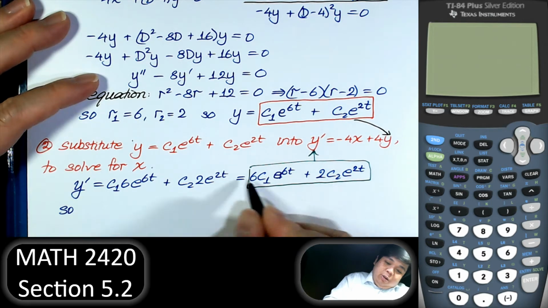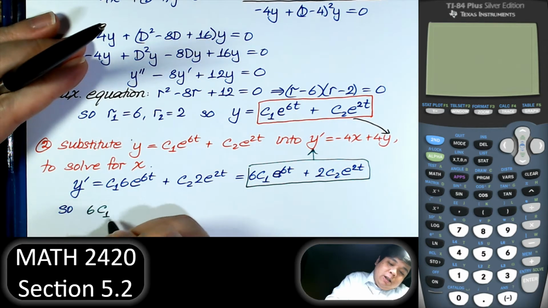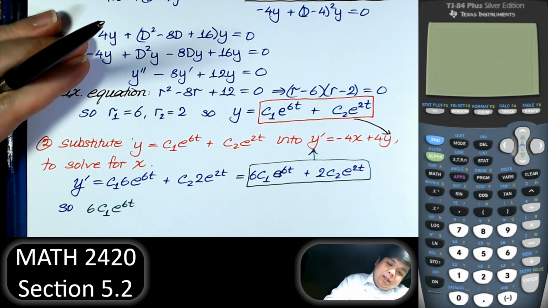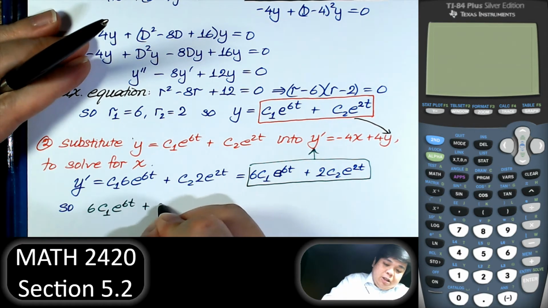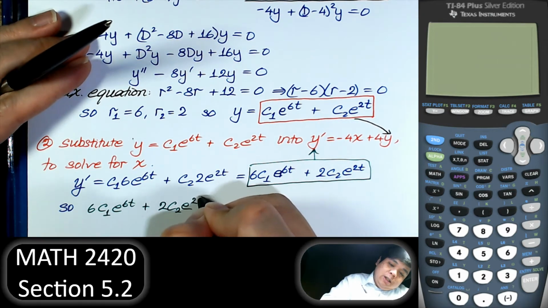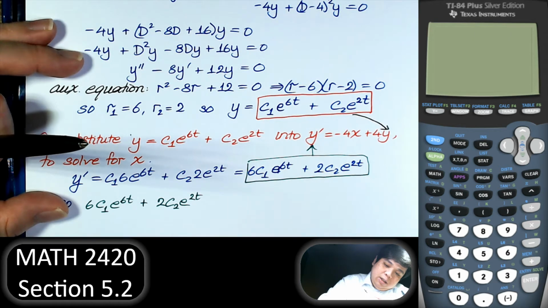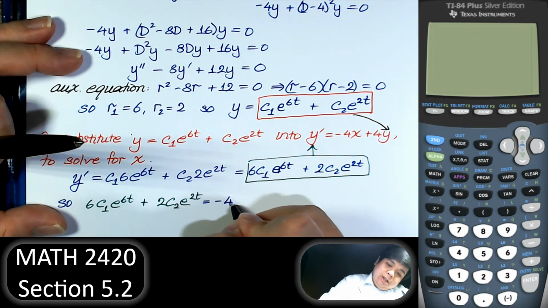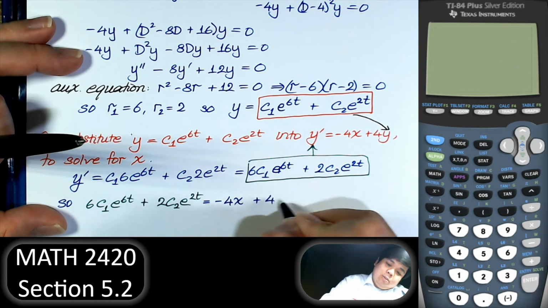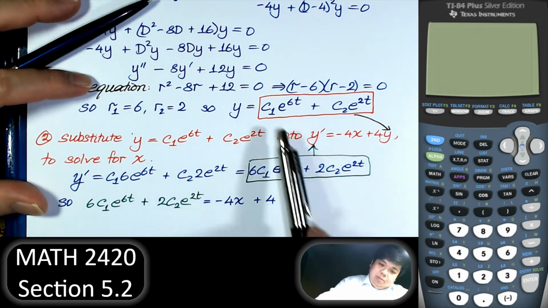So we have the derivative, 6c1 e to the 6t plus 2c2 e to the 2t, equal to negative 4x plus 4 times y. The function is that.